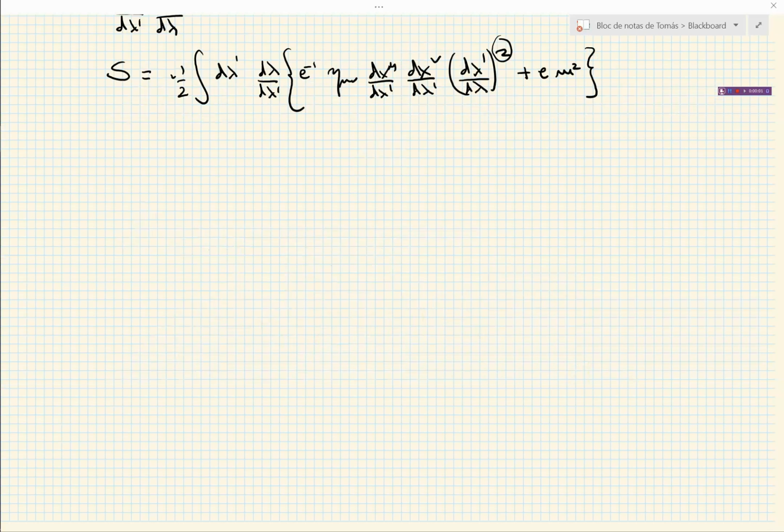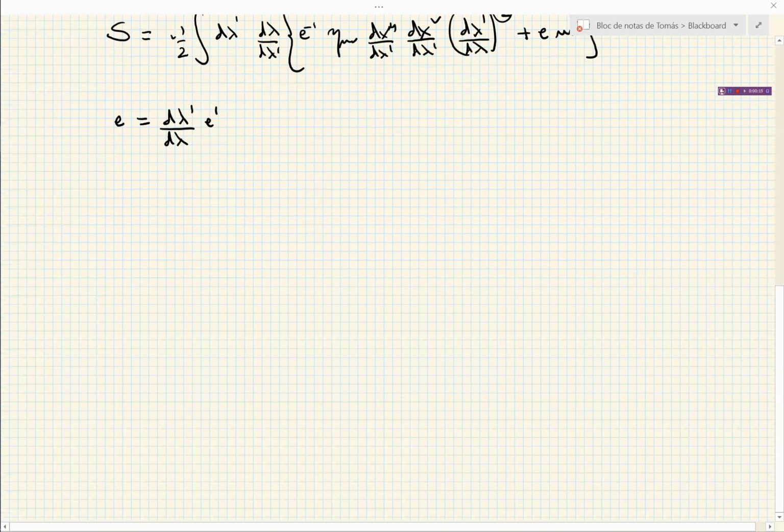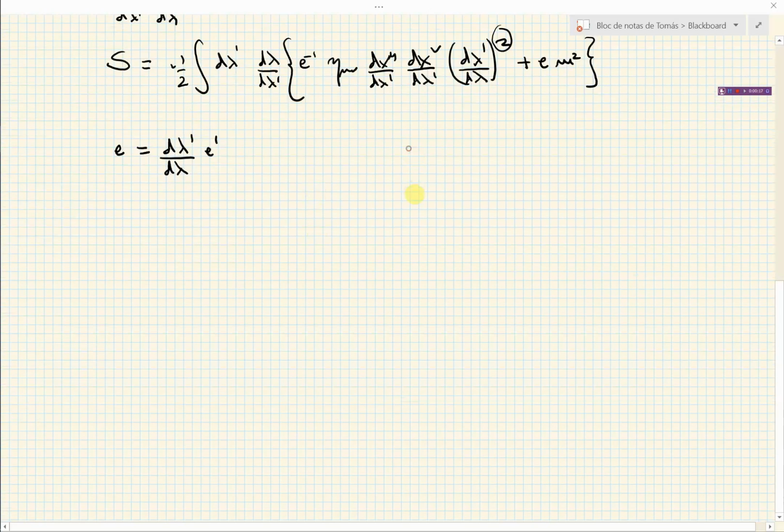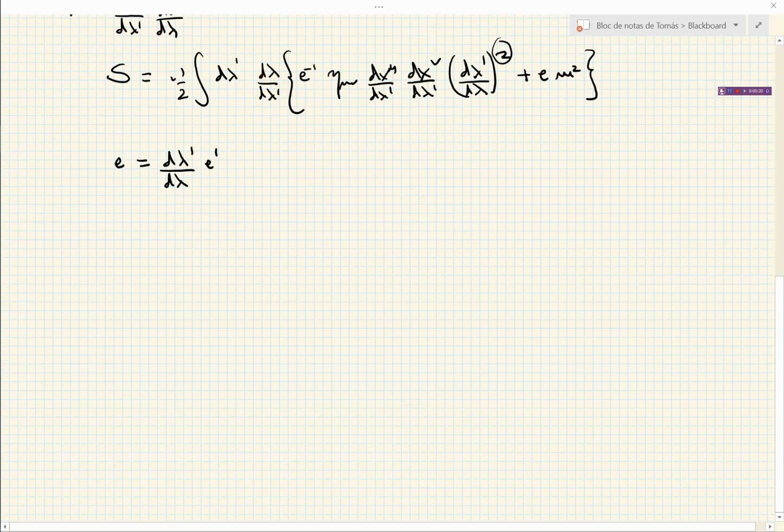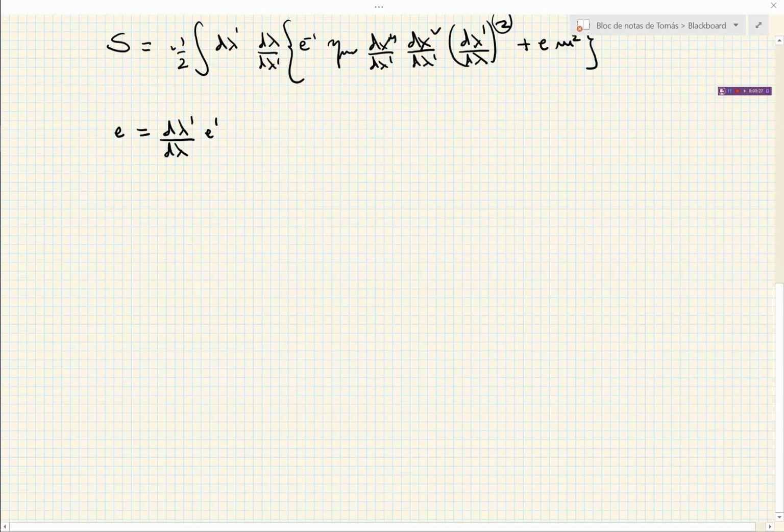But if we say that the variable e transforms as e equal to dλ'/dλ e', where now e' is the variable written in the primed parameter, then you see immediately that all the factors dλ'/dλ cancel everywhere, and you get a new action with exactly the same form as before. So the invariance under reparameterizations of the worldline is preserved.